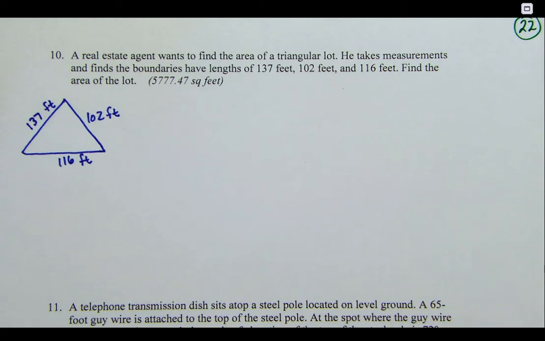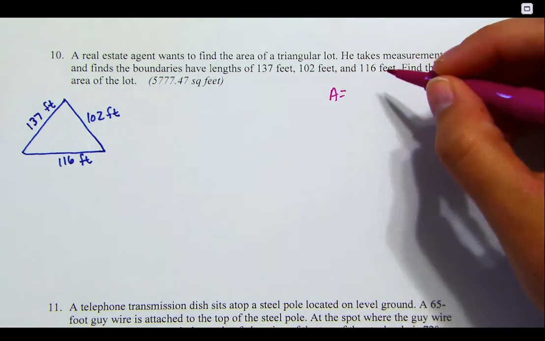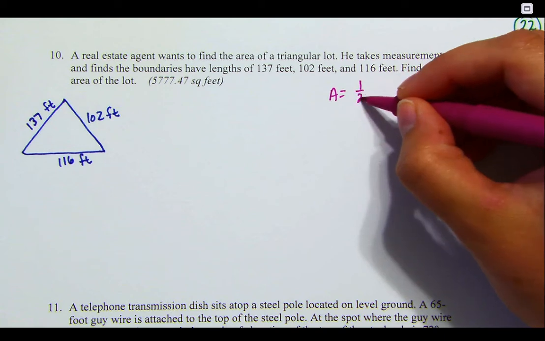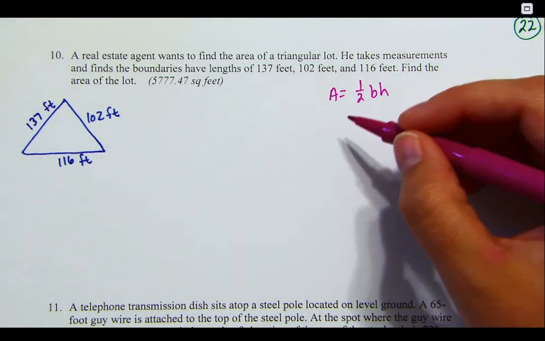So if we remember from our last section, when we were talking about area, we normally know it as half times base times height, but we don't have a right triangle.